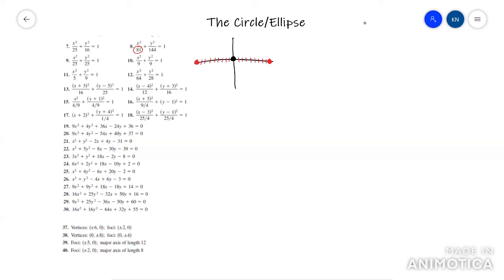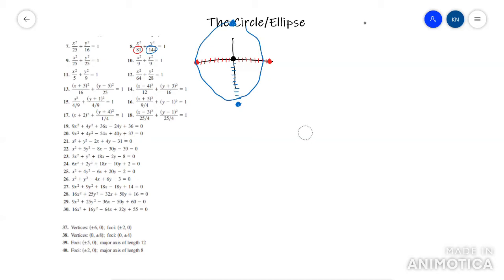So the number under the x, rooted, tells you how many left and right to go. And the square root of the number under the y is 12. That's how far up and down you go. So it'd be like 1, 2, 3, 4, 5, 6, 7, 8, 9, 10, 11, 12. And then the same thing for up high. And that's how you actually draw these ellipses.